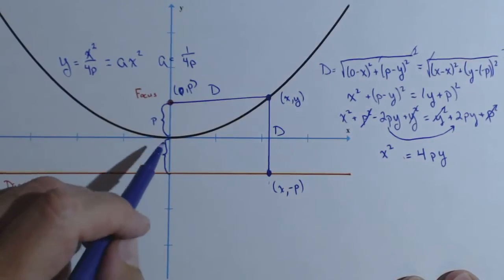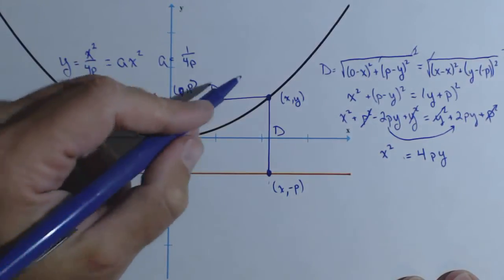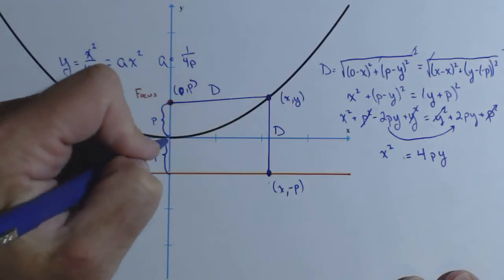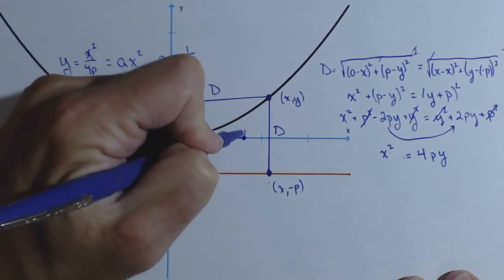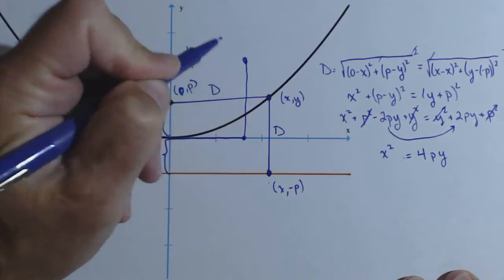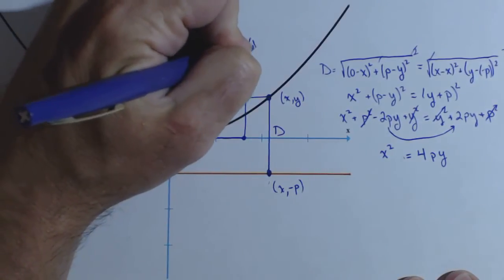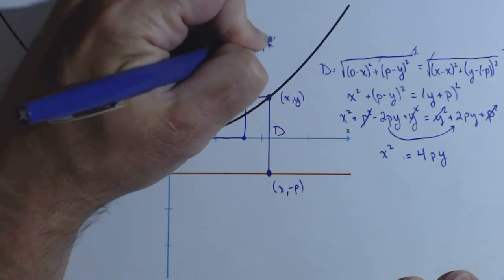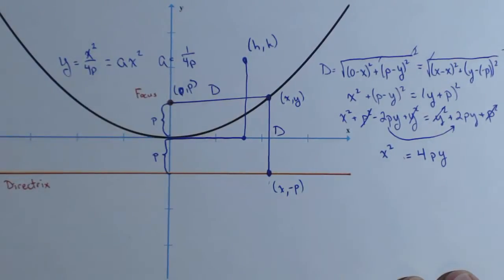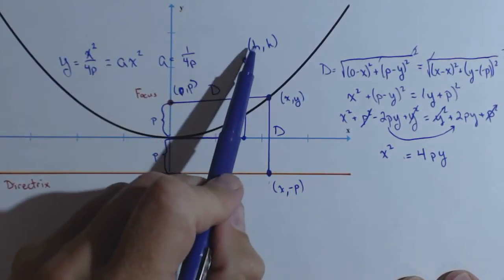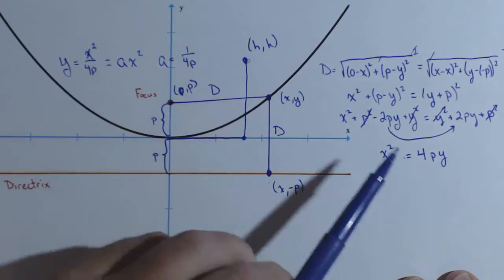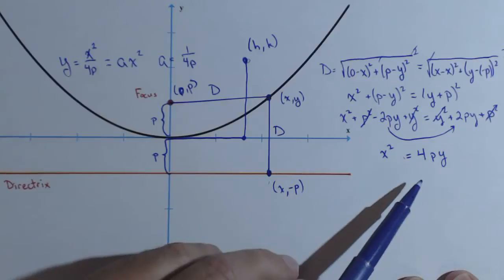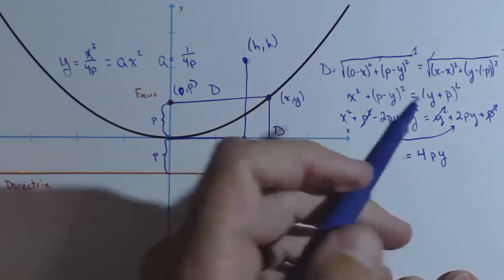Now let's talk about how we move that quadratic to have another vertex. What if we want to move it right by h units and up k units? So maybe we want our vertex to be at h comma k. Well, if I want my vertex to be at h comma k, that's going to be the point when I plug in h and k that I should get them equal to each other.